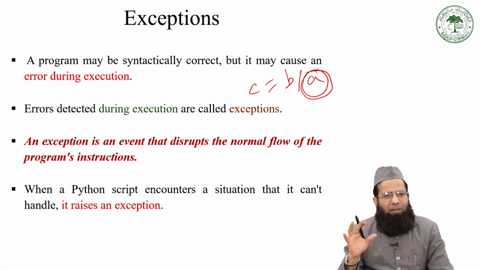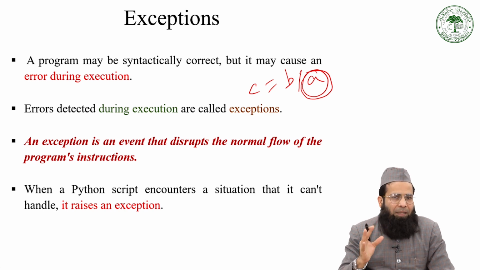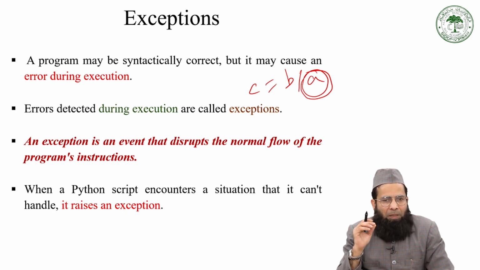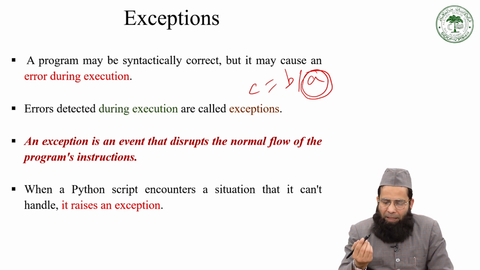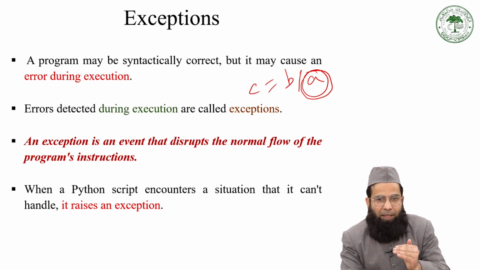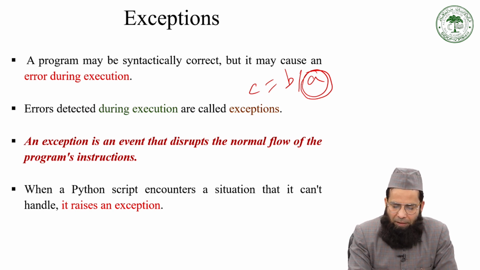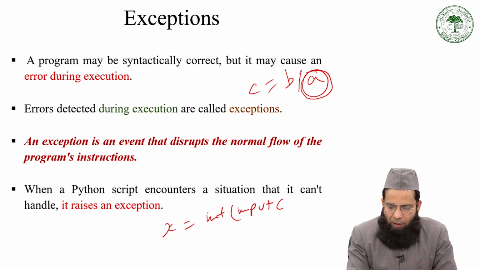Whenever an exception is generated, the program would be terminated if it is not handled. Let's say I'm reading an input from the user. I am expecting an integer value from the user, so I'm receiving input as x equals int of input, enter number.